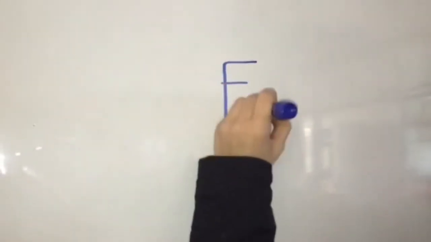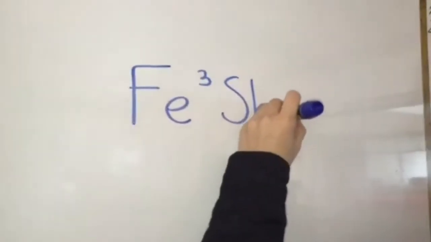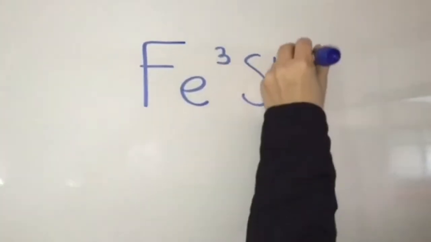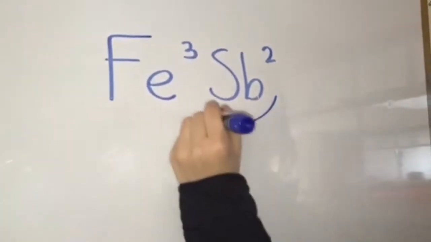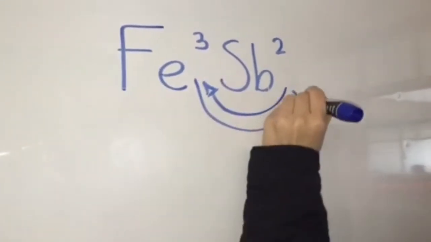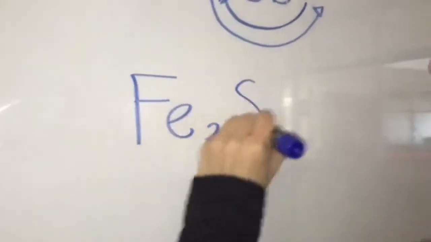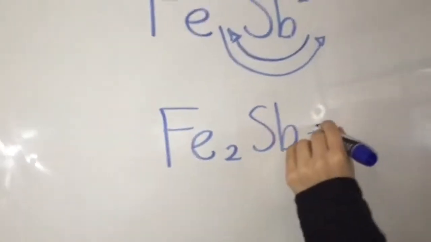Here you have iron with 3 on top and antimony with 2 on top. Now you have to exchange them and rewrite it with iron with 2 on the bottom and antimony with 3 on the bottom.